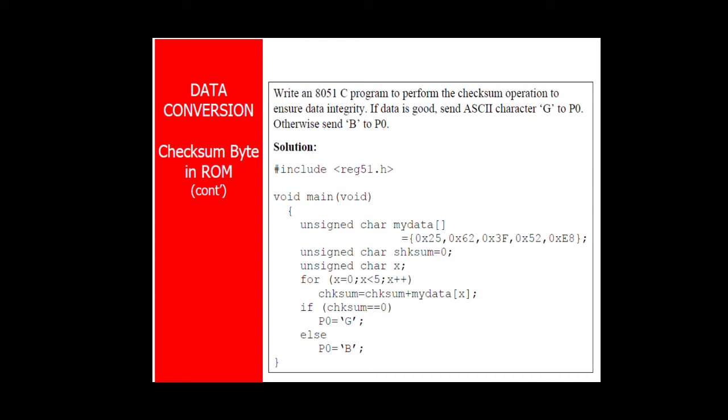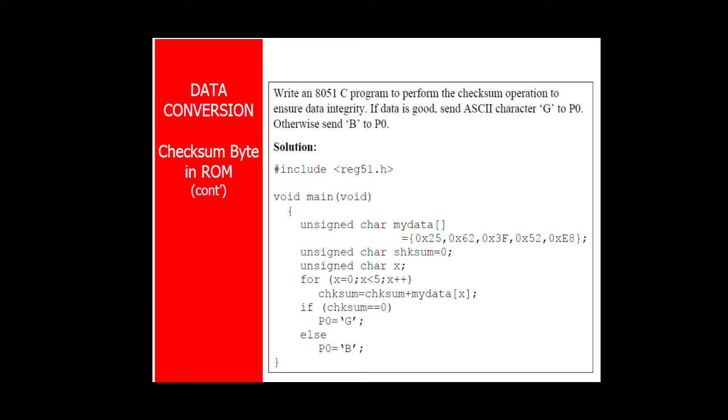Then, to check whether the data is intact or not, to check the data integrity, we have to add all the numbers along with the checksum byte, and if it is 0, it means the data integrity is ensured. Otherwise, it means that some of the data has been changed.